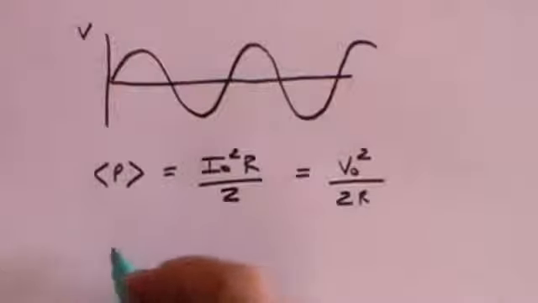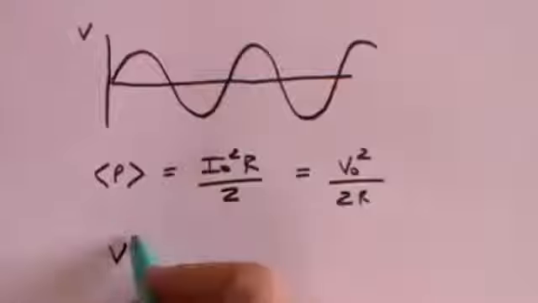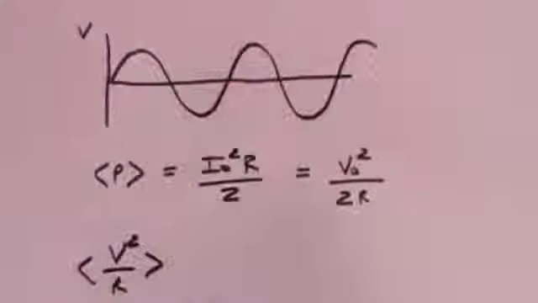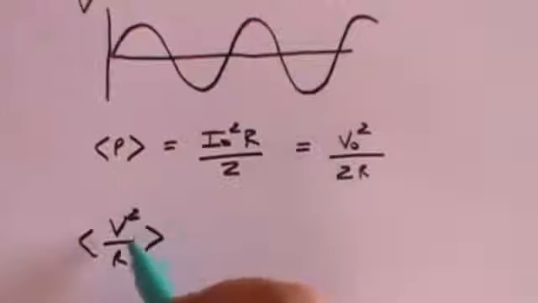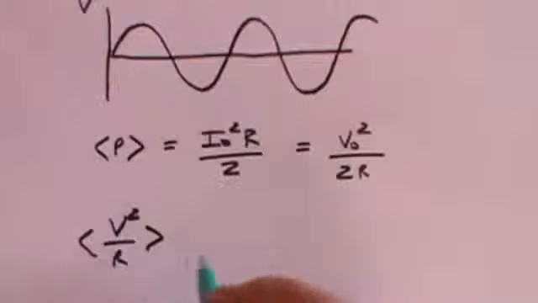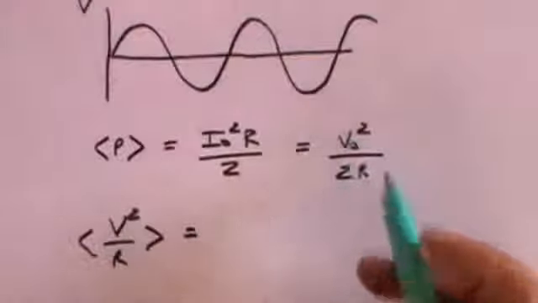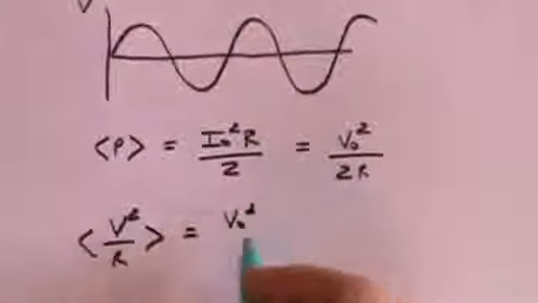So if we say that power is V squared over R, and we're looking at the average value of V squared over R, where, don't forget, V is constantly changing, but the average value of V squared over R is what we're looking for, that will equal V naught squared over 2R.